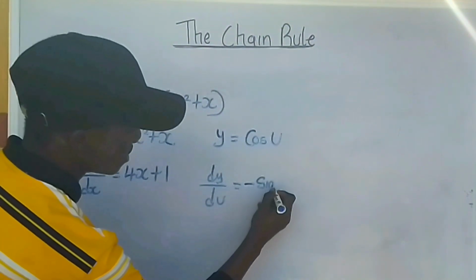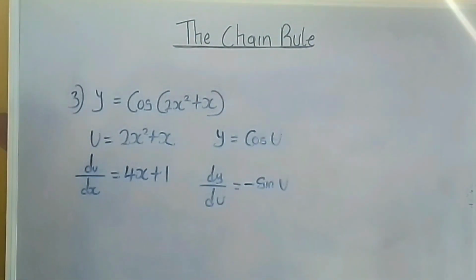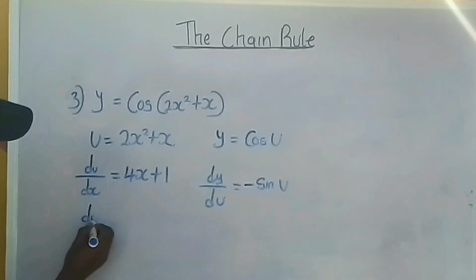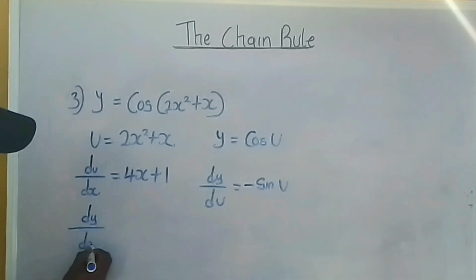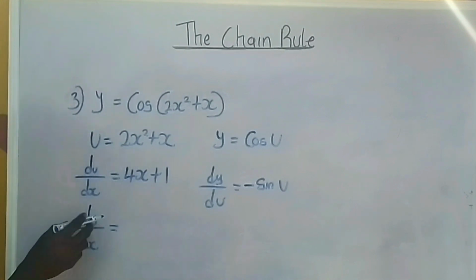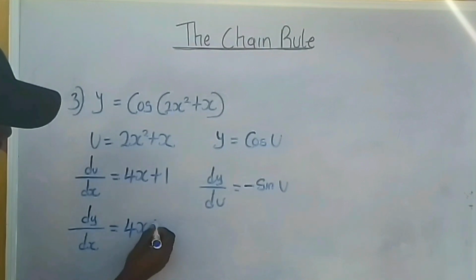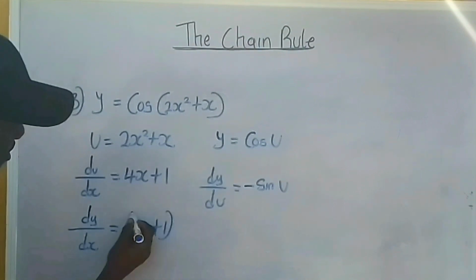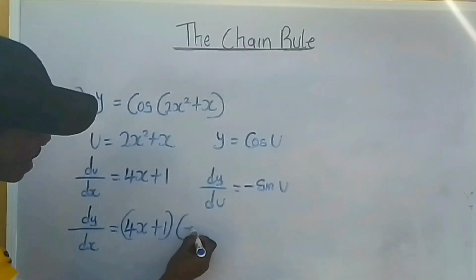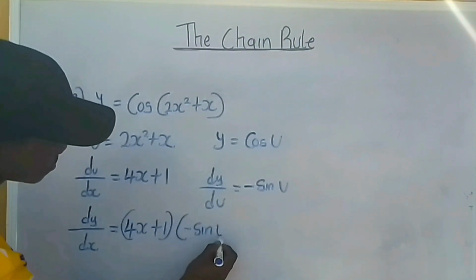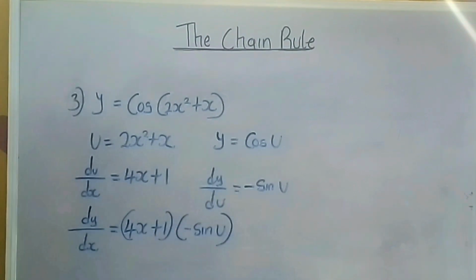Don't forget, dy/dx is equals to du/dx, which is 4x plus 1 multiplied by minus sine u.